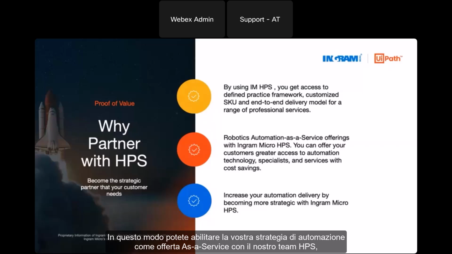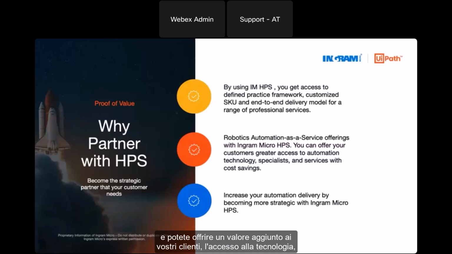So you can enable your automation strategy as an as-a-service offering with our HPS team, and you can offer additional value to your customers, access to technology, to subject matter experts, and a number of services with cost savings for your customers and with increased margins for your organization.